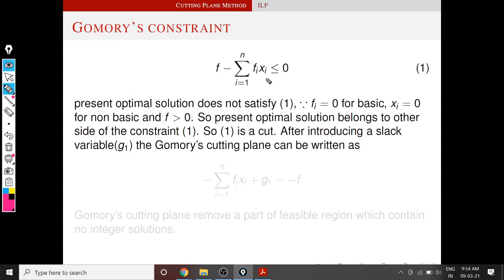You got it? Doesn't satisfy this inequality. Why? For the optimum integer solution, all the fi's are 0, because if it is an integer solution, then its... oh sorry, one second.